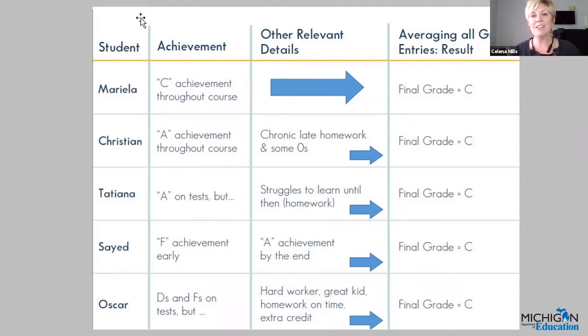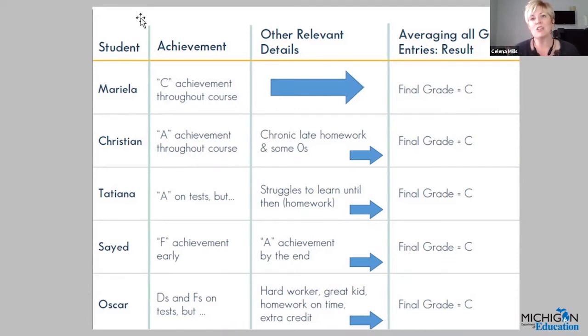But when he walks onto the work site, the employer has no idea what it is that he knows how to do. Or if he moves into post-secondary education, they don't know that he's gotten D's and F's on something that might be really critical, like how to lay out a wall. He might not know how to do that. So the grade in our grade book doesn't tell the same picture.